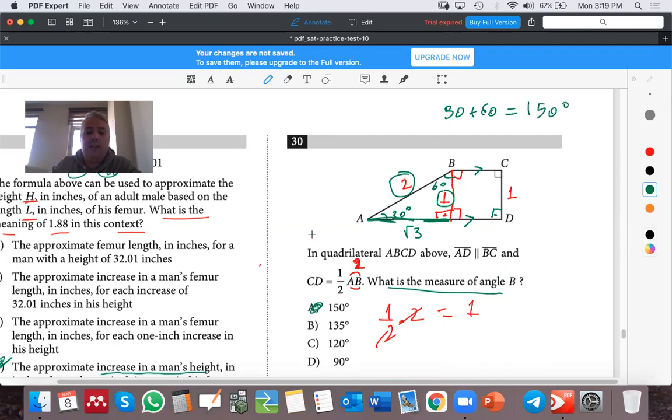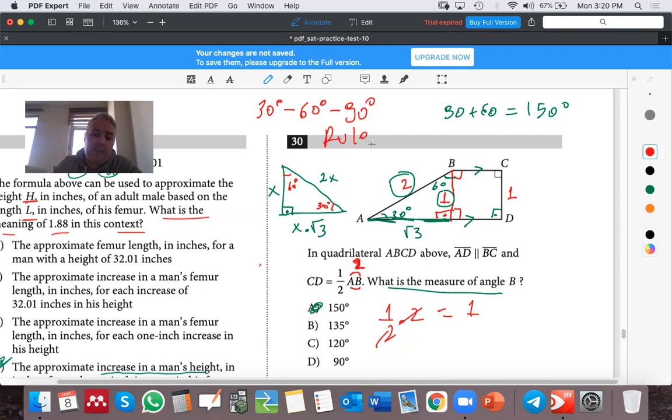So to solve this question, you should only remember this rule, dear students. If this is 2x, if this is x, this is x root 3, when this angle is 30 degrees, this angle must be 60 degrees. This is the rule, the special triangle, 30, 60, 90 degrees rule.